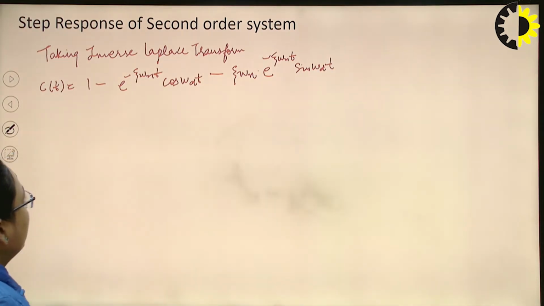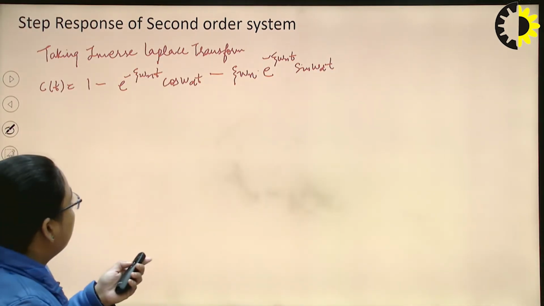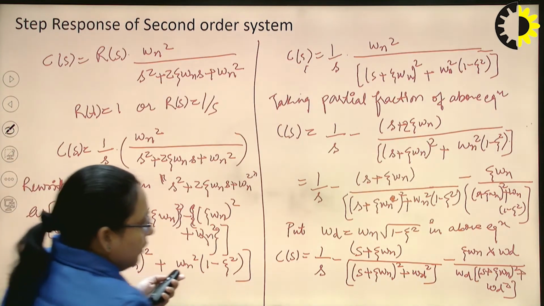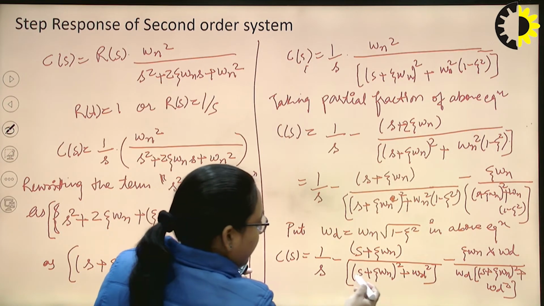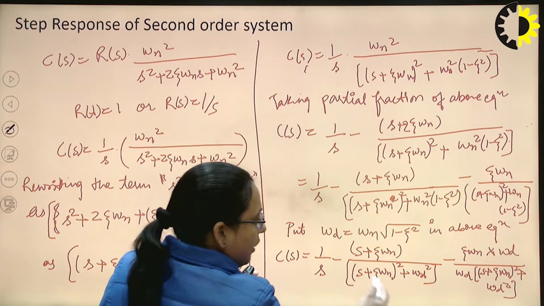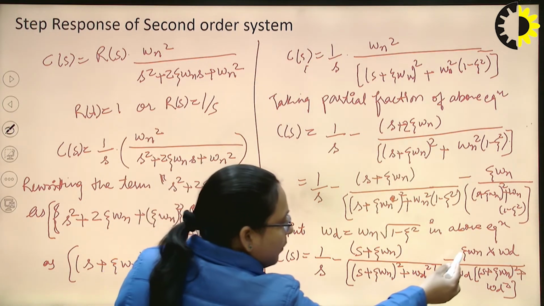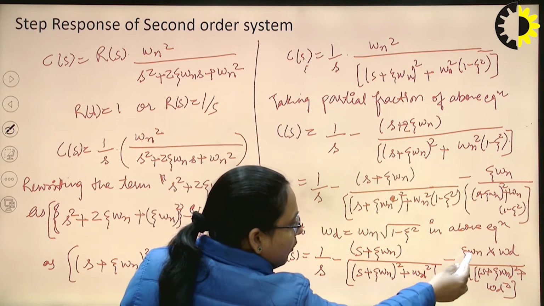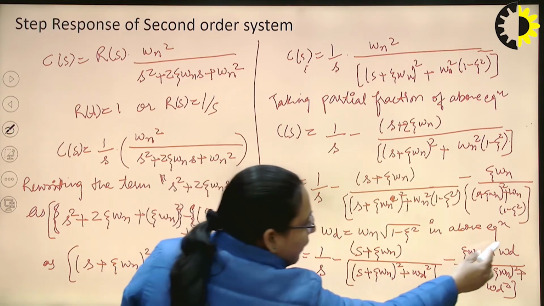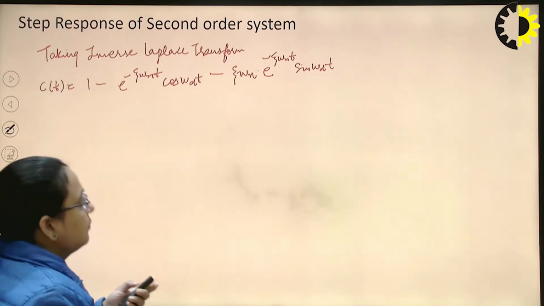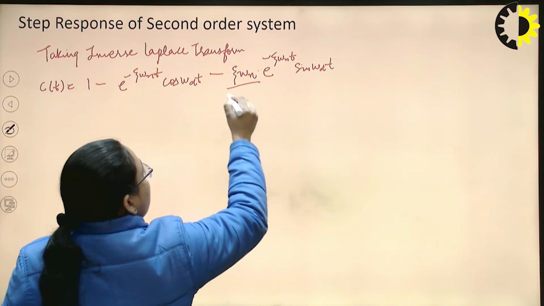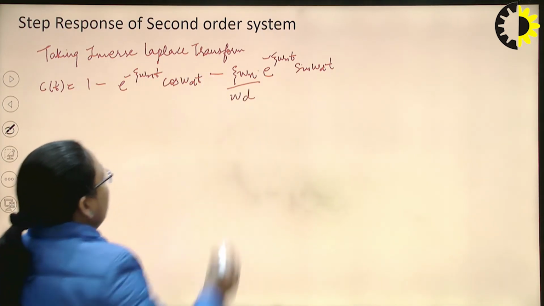Okay, let me check once. So this will become e raised to power minus zeta omega n t cosine of omega d t, and this will become zeta omega n upon omega d times sine of omega d t.